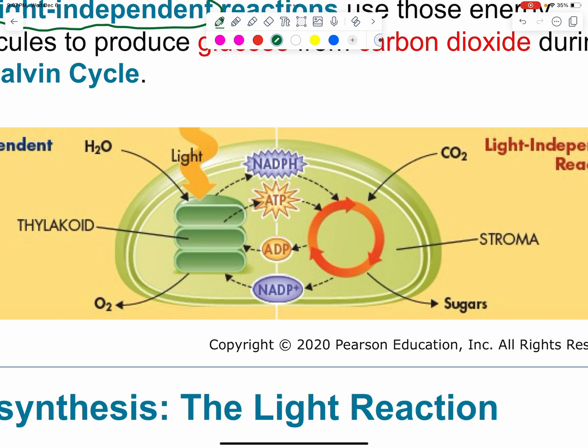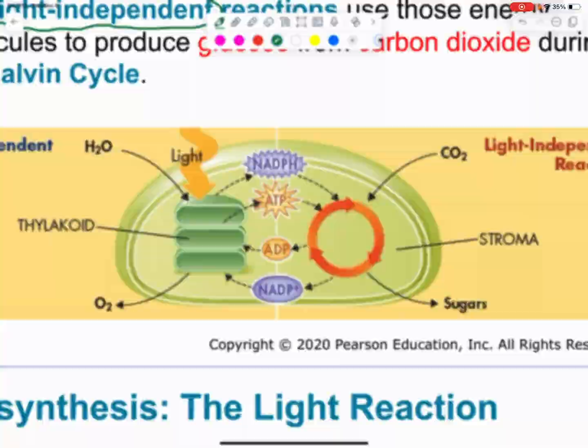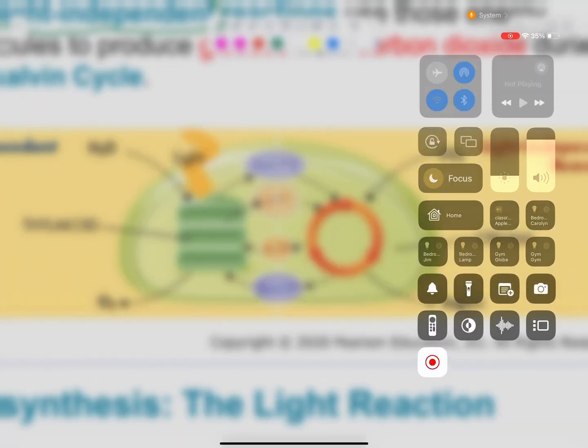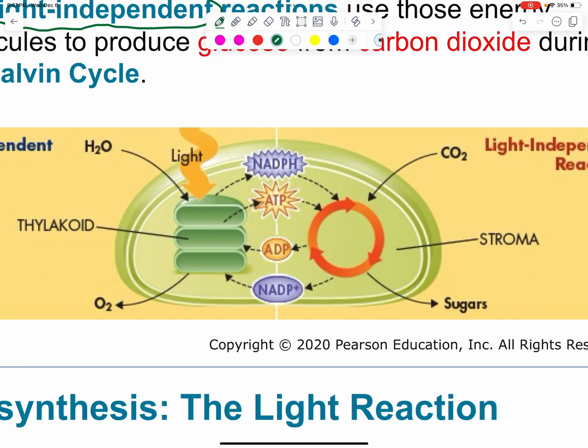I swipe down from the upper right-hand corner, and I clicked on that blinking icon down there, made sure that the microphone was turned on, and I hit record, and then do a voiceover just on a picture like this. If you can do that without reading it, you're in great shape. If you don't know what to say, then go back to these slides and practice it.